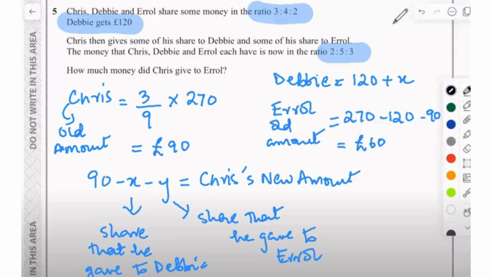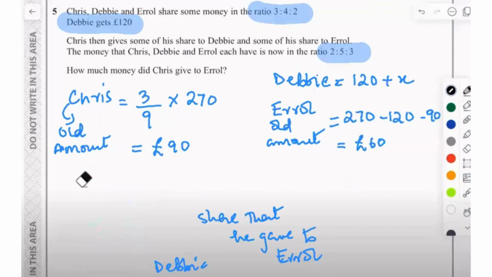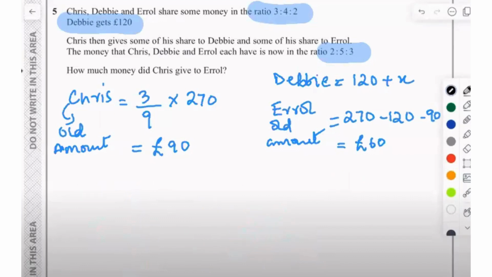So this was Errol's old amount. So to find Errol's new amount, that's going to be 60 plus y, because y was the amount that Chris gave to Errol.